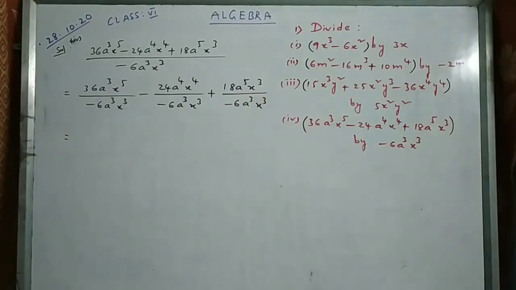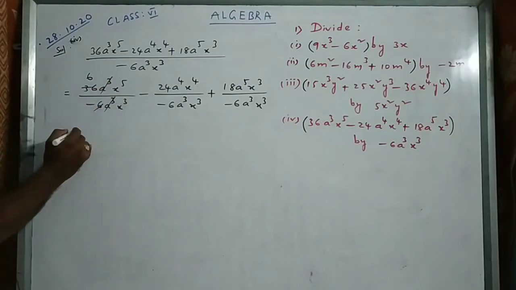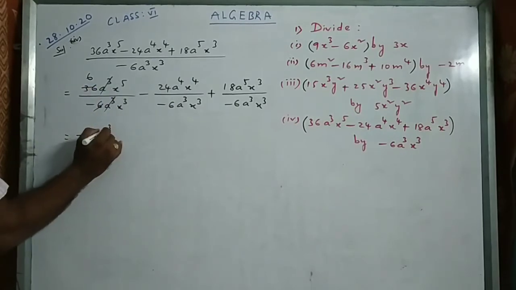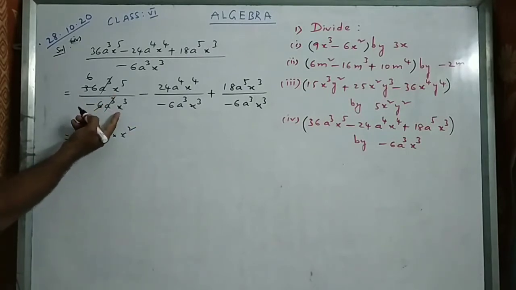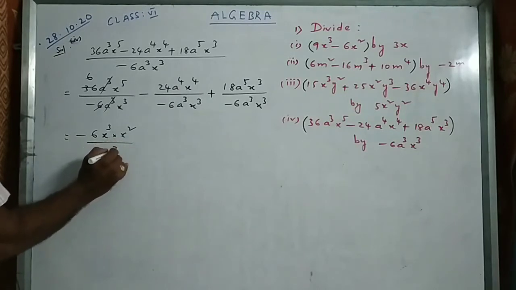Splitting for every term. So 6 ones are 6, 6 sixes are 36, a cube cancel. So minus I can keep in the numerator. 6 x to the power 5 is there, here x cube is there, so I can write x cube into x square. Whatever is there in the denominator, you can write that. Remaining terms as it is.